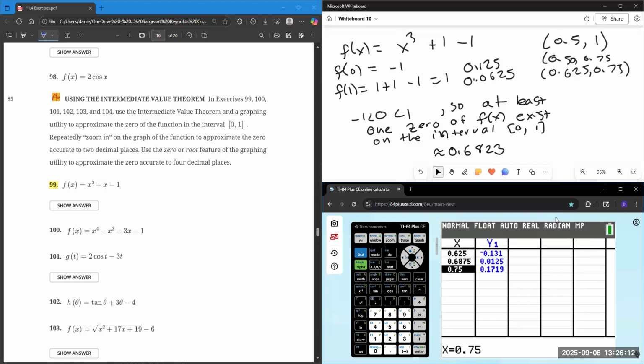I just want to make sure that this plus this gives me what I think it does. Yes, it does. So I'm between 0.625 and 0.6875.